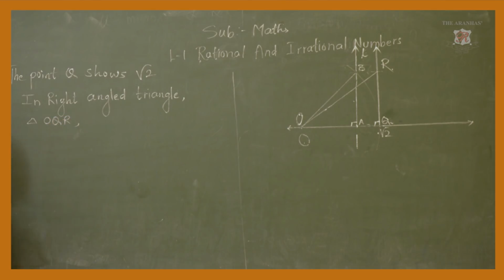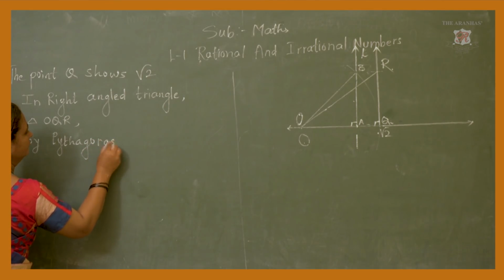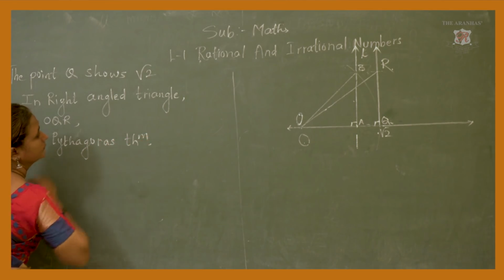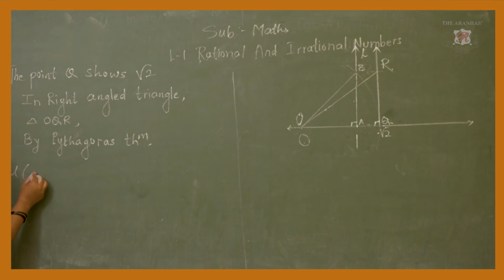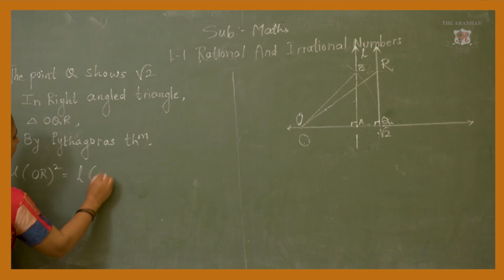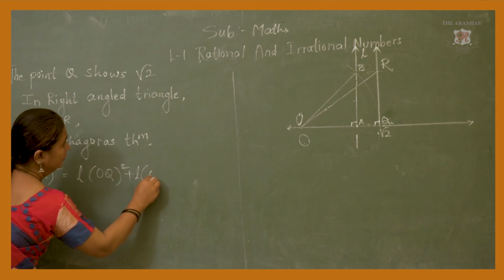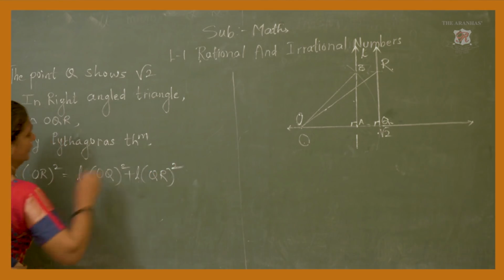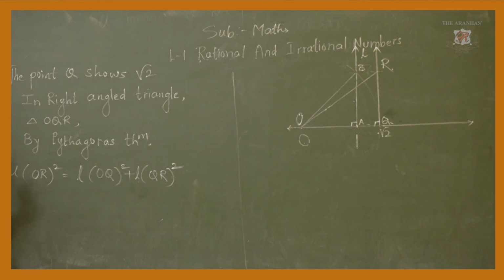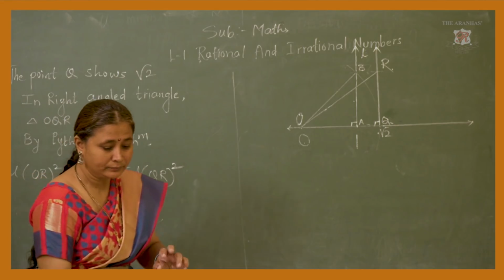What is Pythagoras theorem? Length OR square is equal to length OQ square plus length QR square. Okay. Now, go ahead.